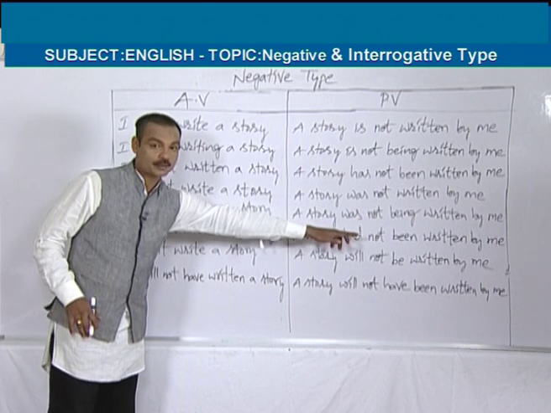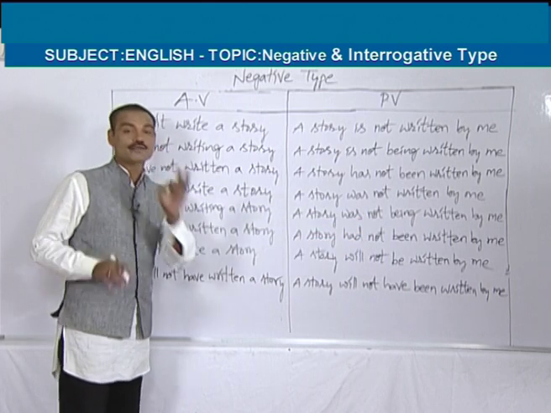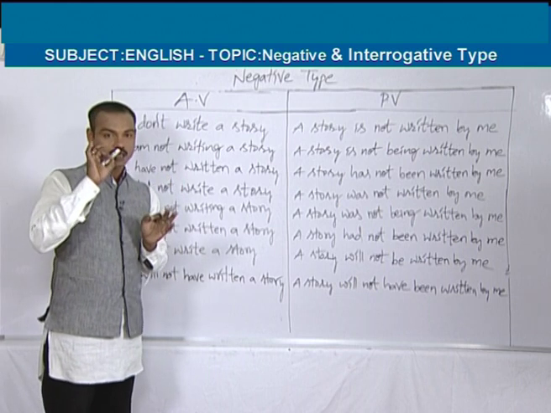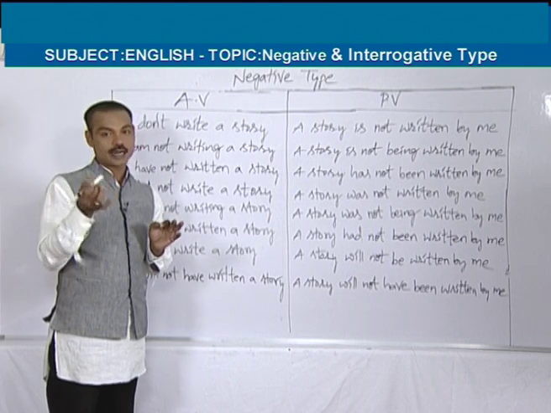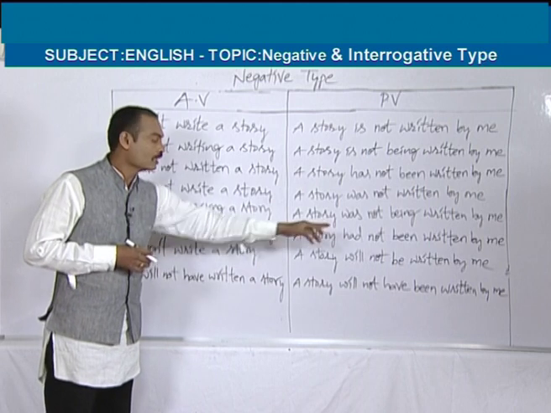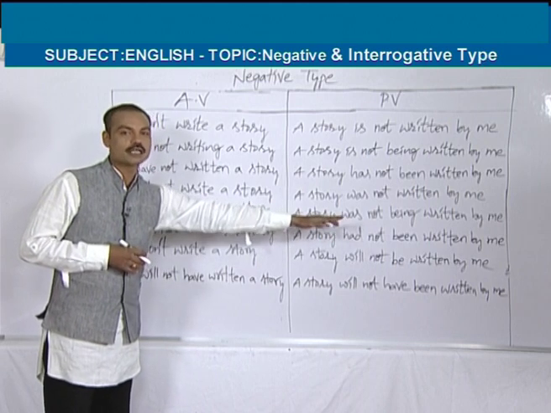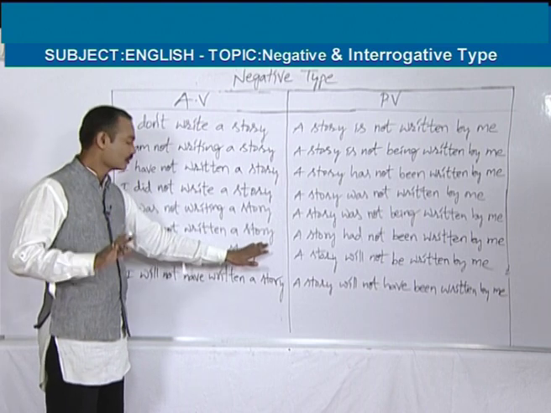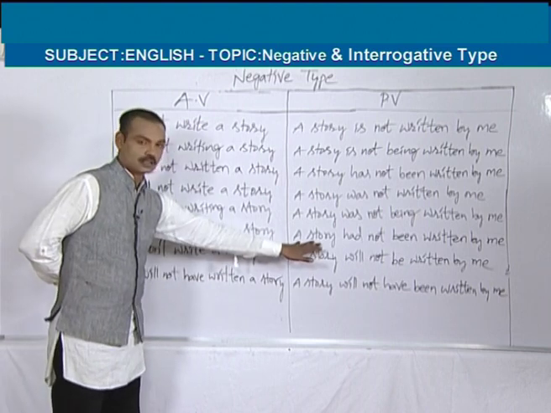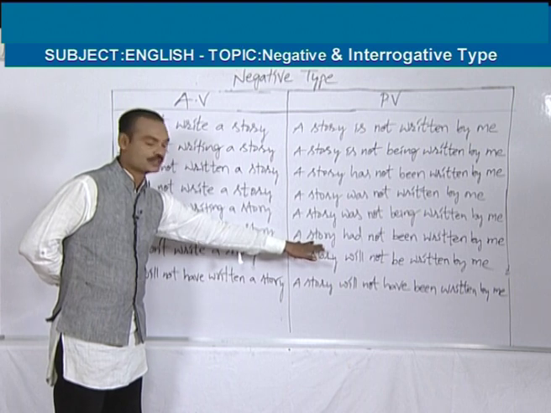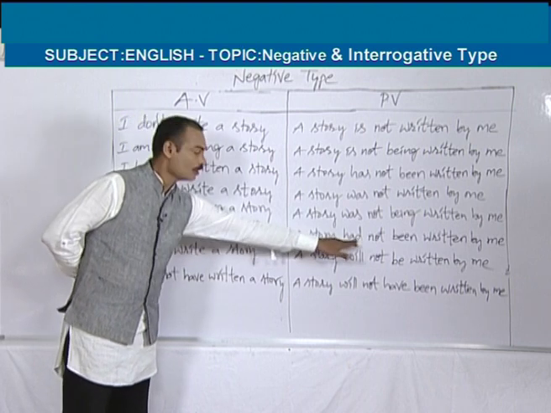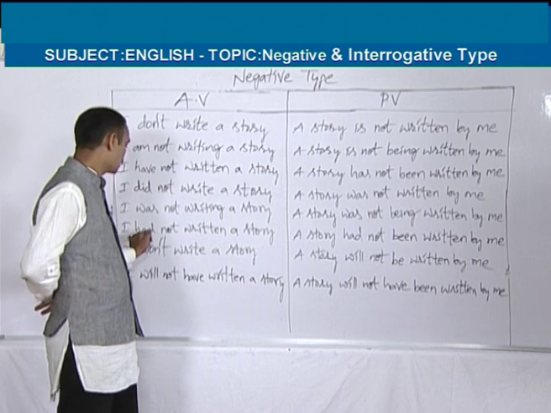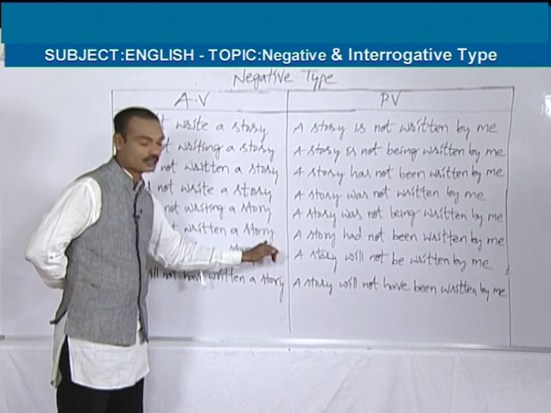So friends, in the previous class I told you that whenever you find have, has or had in the active voice, been should be written in the passive voice. See, I had not written a story. So, the passive voice should start with the object.